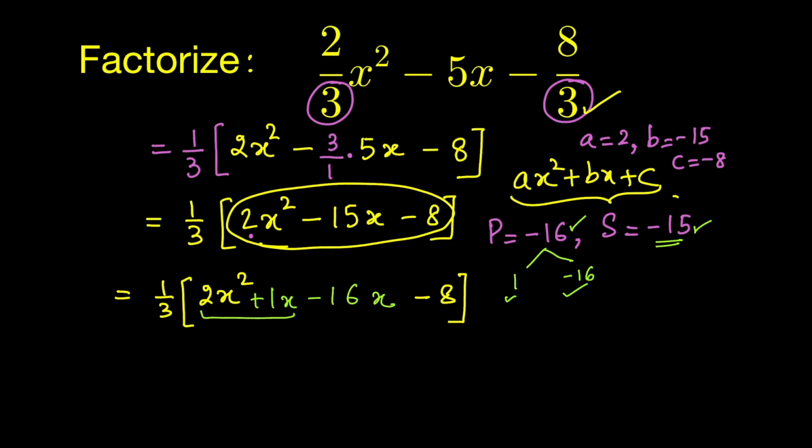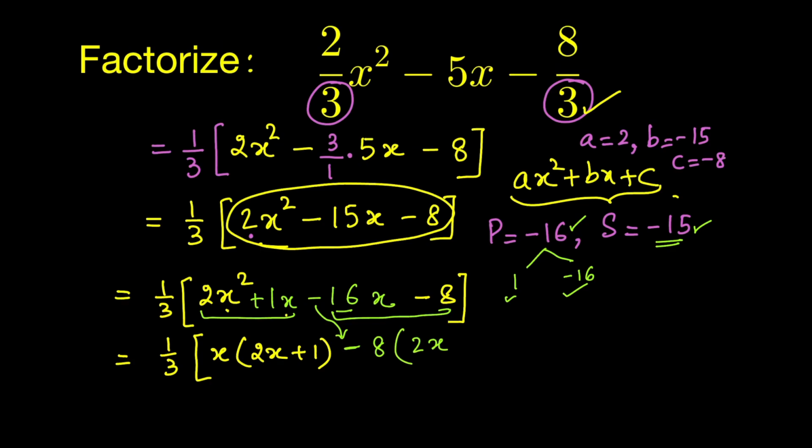Now we take pairs, and out of these pairs we factor out whatever is possible. So 1/3, and in the first pair we can factor out x, so we are left with 2x plus 1. Out of the second pair, 16 and 8, we can factor out 8. What's the sign here? Minus, so we factor out minus 8, and we are left with 2x and 1.